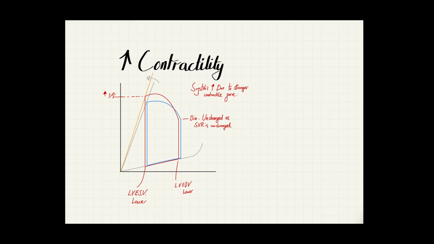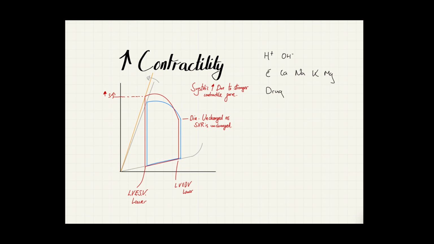This includes your acid-base state, so we'll just draw a pesky hydrogen ion or an OH minus. Your electrolyte state, so your calcium, your sodium, your potassium, your magnesium, all have varying influences on myocardial contractility.